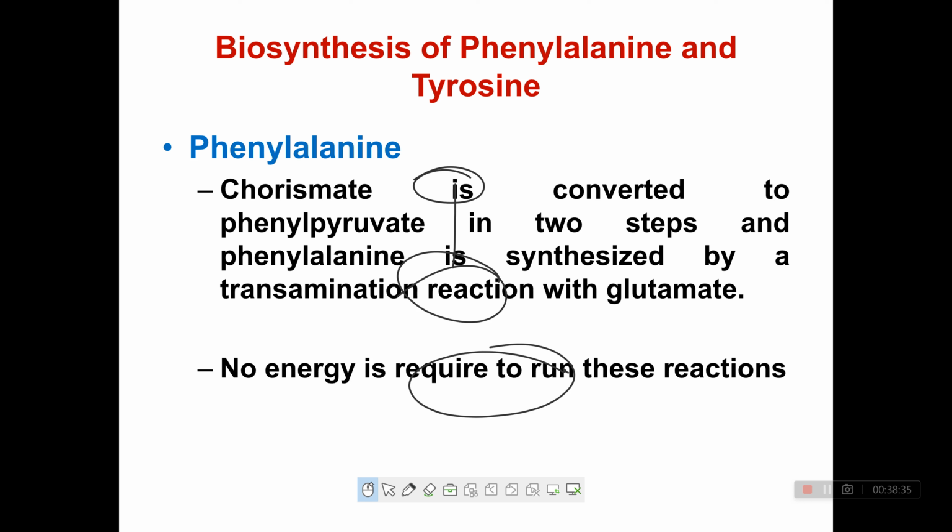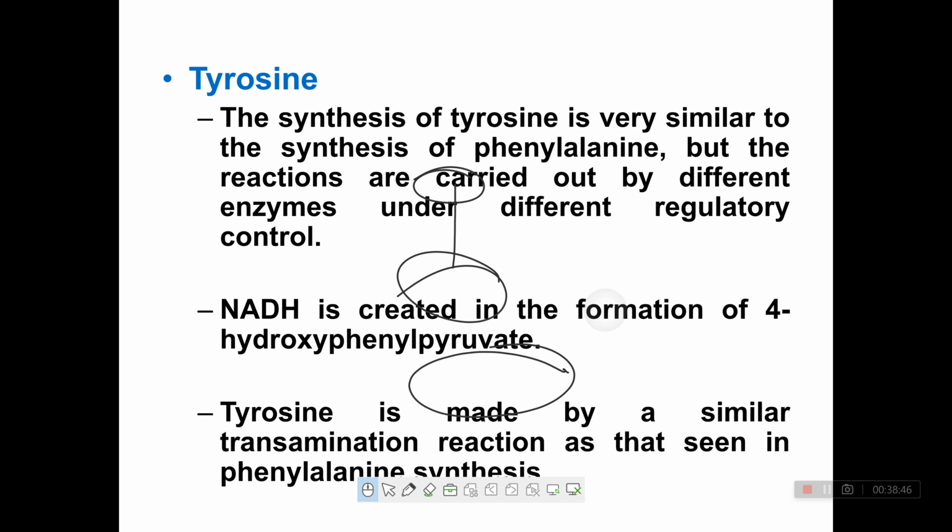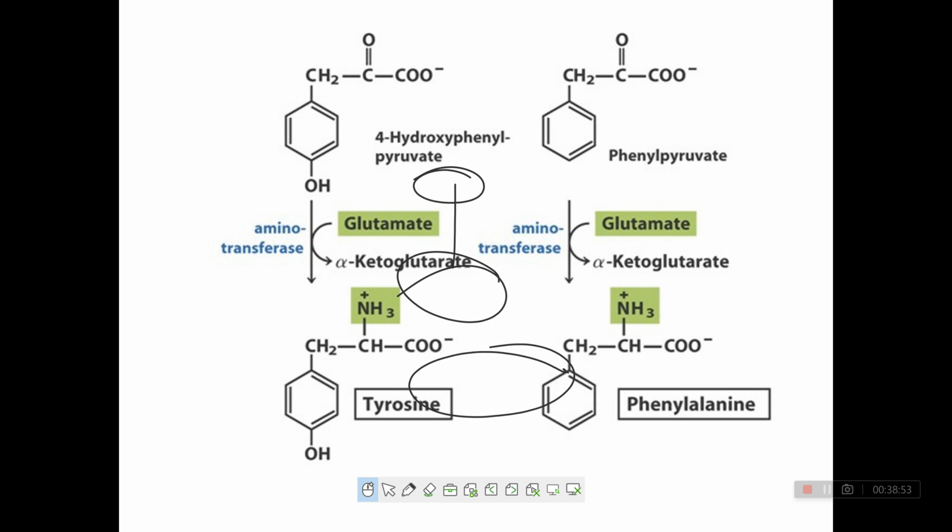Chorismate is converted into phenylpyruvate in two steps, and phenylalanine is synthesized by a transamination reaction with glutamate, using aminotransferase. So chorismate is the intermediate by which aromatic amino acids are synthesized.